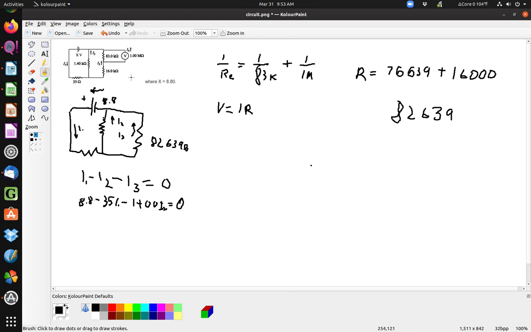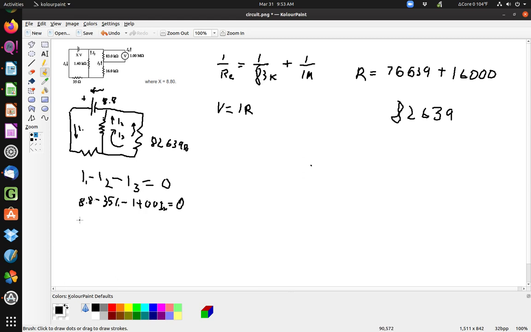Okay, so we want to designate a direction for our loop, since we have two arrows here, so we'll go this way. So voltage will drop across I2. We don't have voltage given on this one. It's over on this other side. It's not part of the loop, but that's okay.